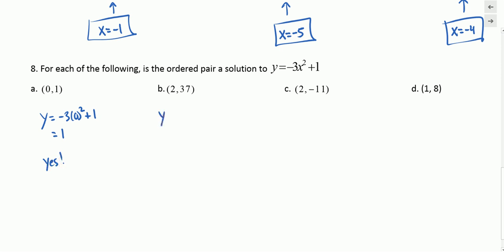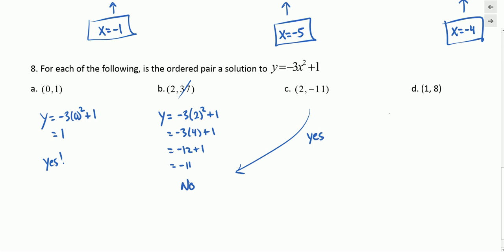If I plug in 2, I end up with -11, not 37, so no. If I plug in 2, I just did, I get -11, so that's yes. If I plug in 1, I get -2, so no. So yes, no, yes, no.